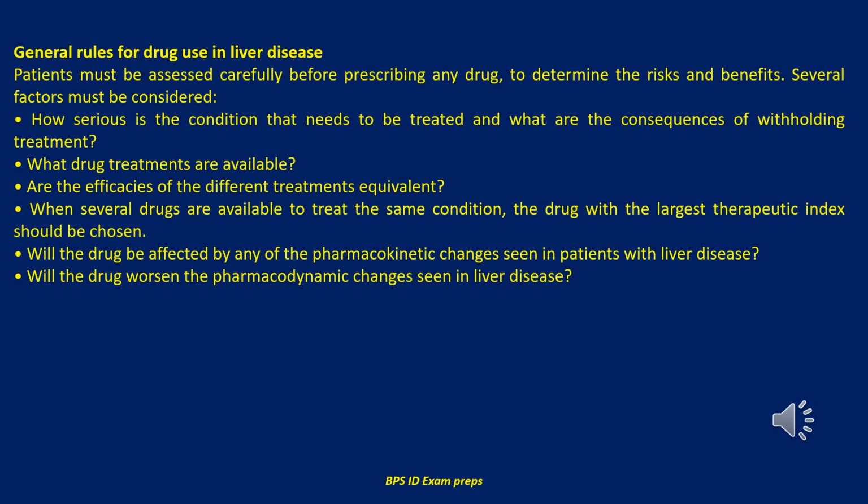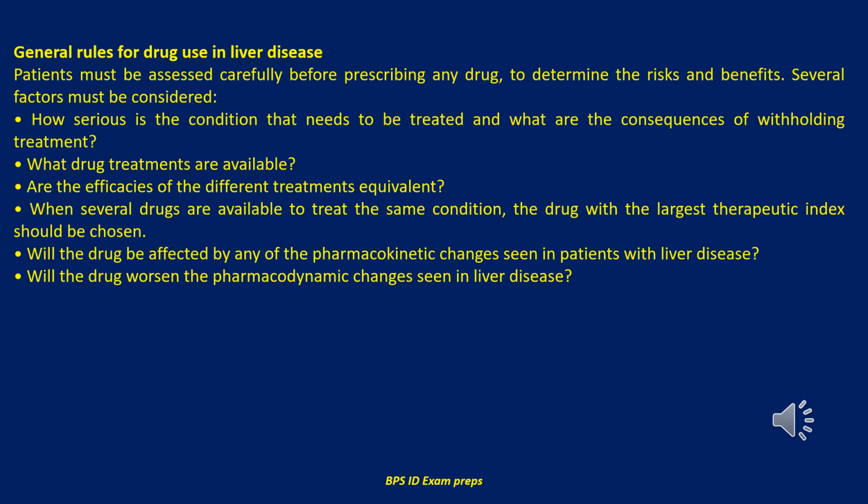What drug treatments are available? 3. Are the efficacies of the different treatments equivalent? 4. When several drugs are available to treat the same condition, the drug with the largest therapeutic index should be chosen. 5. Will the drug be affected by any of the pharmacokinetic changes seen in patients with liver disease?